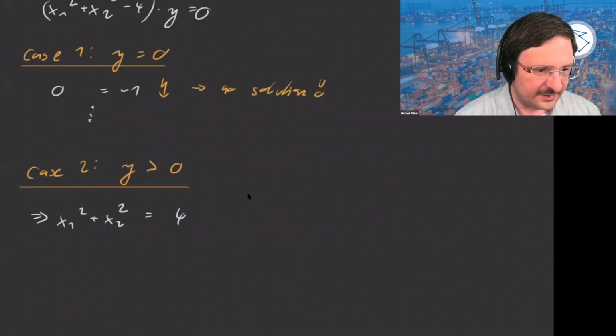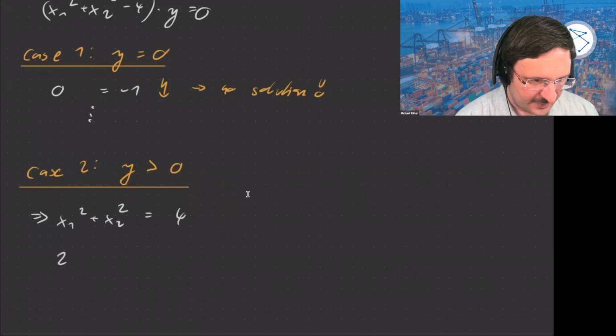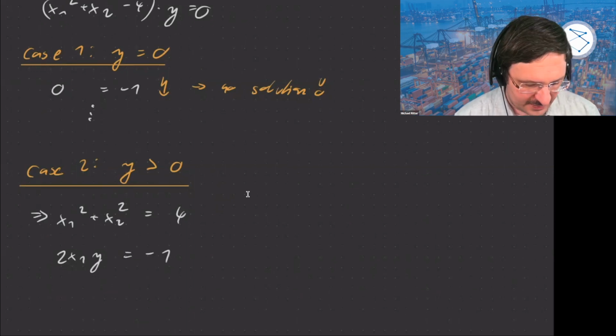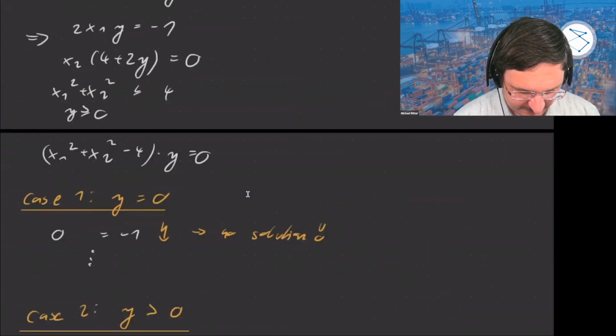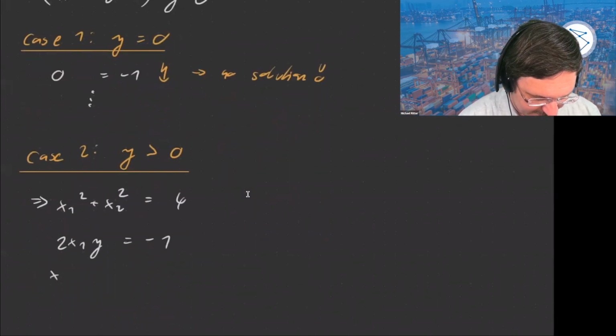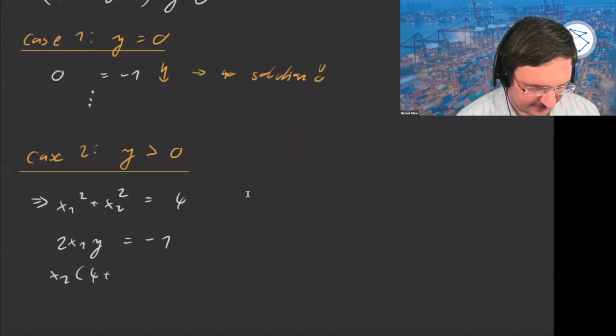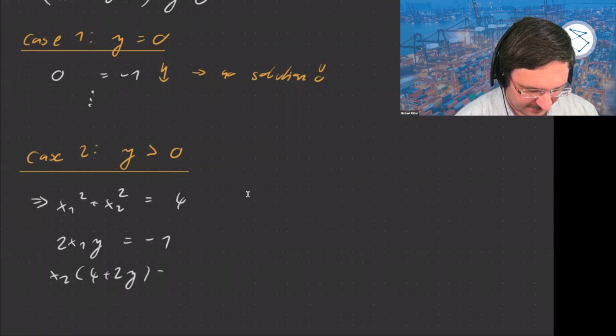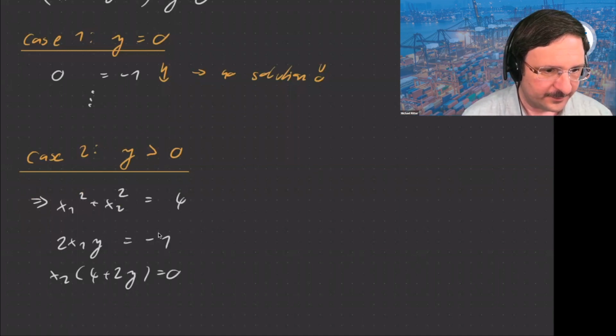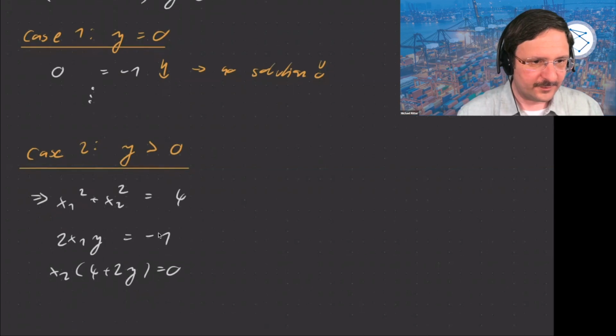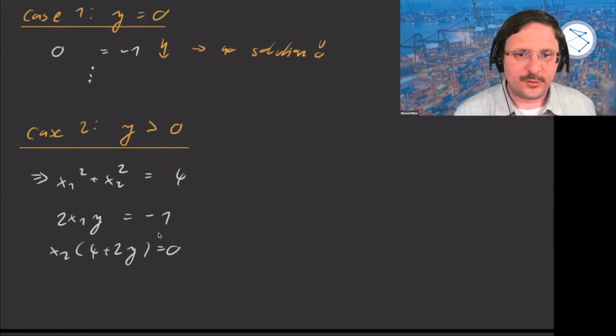That's, let's see, 2x1y equals -1. And the other one was x2 times 4 plus 2y equals 0. And now let's see what we can learn from that.